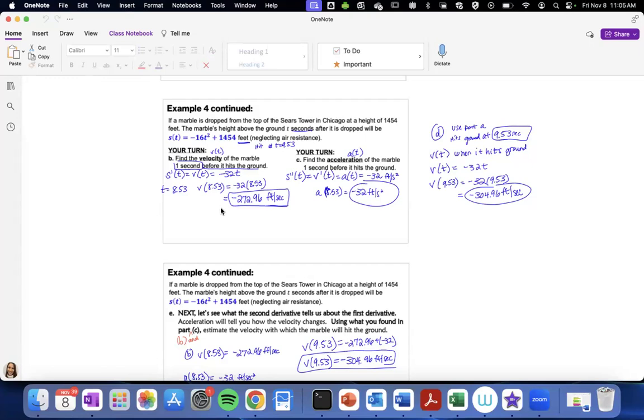That's negative 32 feet per second. Because they have the same sign, you know it's speeding up at exactly 32 feet per second, okay? So my point is the derivative tells you about the original function, right? Velocity tells us about position. The second derivative tells us about the first derivative. So acceleration tells us about velocity.